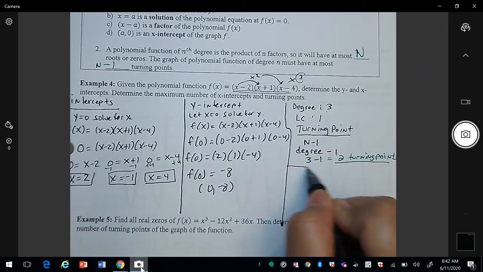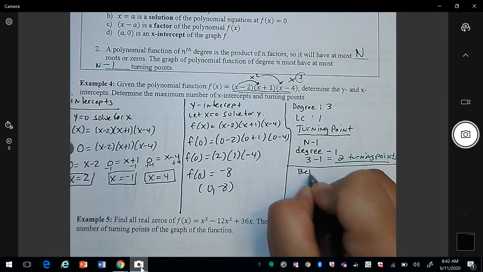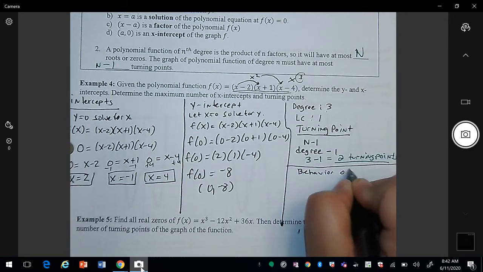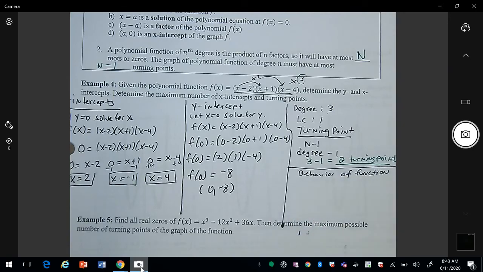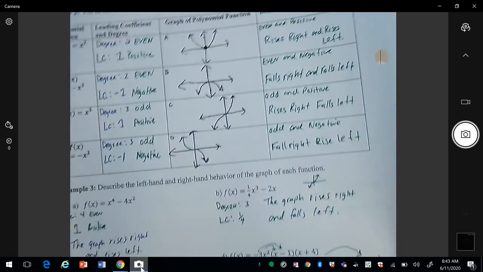Okay, so let's go ahead and find the behavior, even though it doesn't ask us to. Remember, the behavior is found using this table.